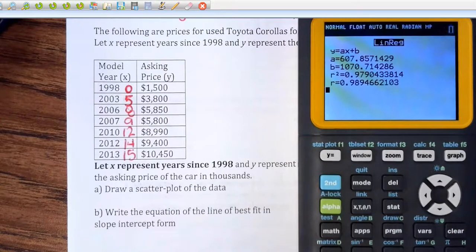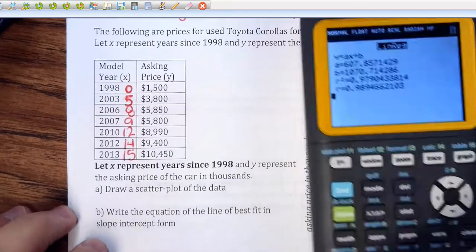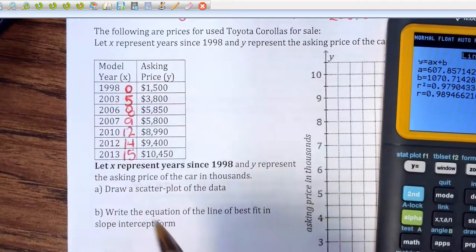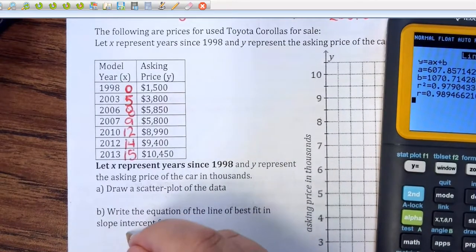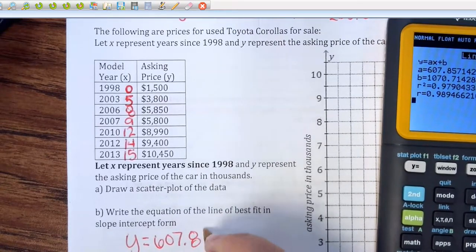Now, if you get some nasty numbers like I'm going to get here, let's just round to the nearest hundredth to be consistent. So when I write down my equation here, this time my slope is 607.86, nearest hundredth would be good.